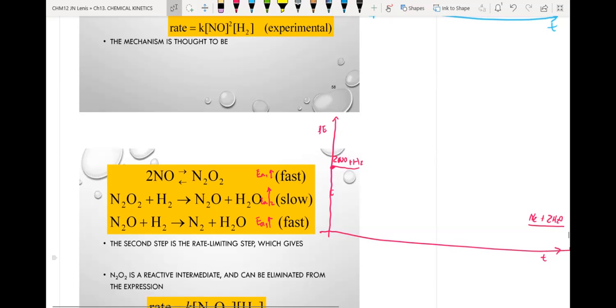So now we know that the second hill has to be the highest. The first one goes fast, that means a small hill. Now we go through the second step, a higher hill. And now we have another small hill.